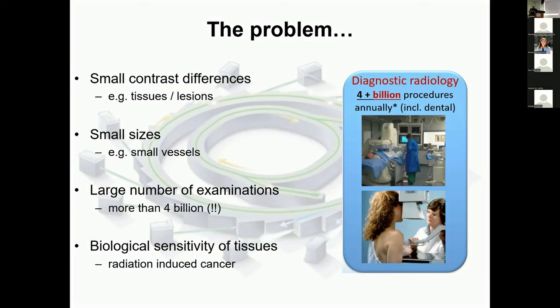Which are the major problems in medical imaging? First of all, we usually have to image small contrast differences, like breast lesions or microcalcifications. Small sizes, like small vessels.